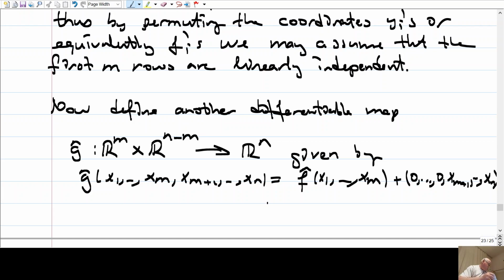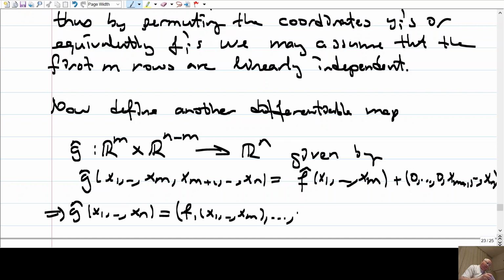All right. So this is equal to what? This is equal to the following: g of x1 up to xn is equal to f1 of x1 up to xm, up to fm of x1 up to xm, and then in the remaining ones, maybe I should write like this because space is not enough. f1, f2 up to fm, and then I have f_{m+1}, but here I have this extra x_{m+1}.